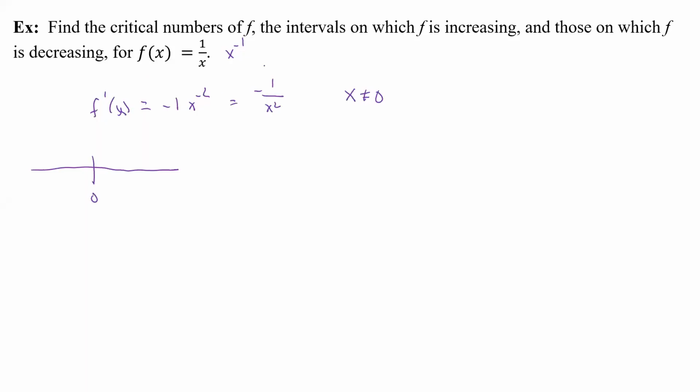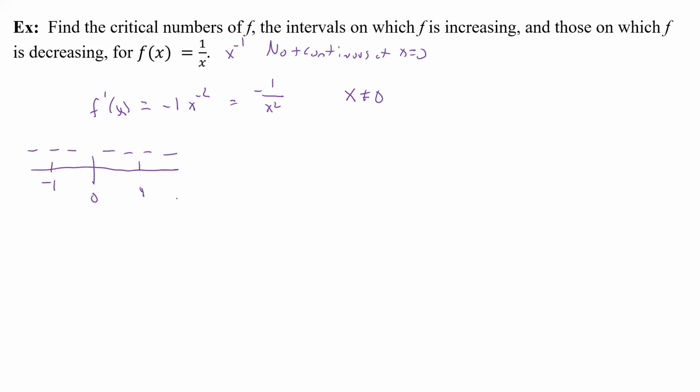So this one is not continuous at x equals 0. Now let's see what we get if we put in a negative 1 or a positive 1. We're going to get a negative 1 out, and so it's going to be negative throughout there.